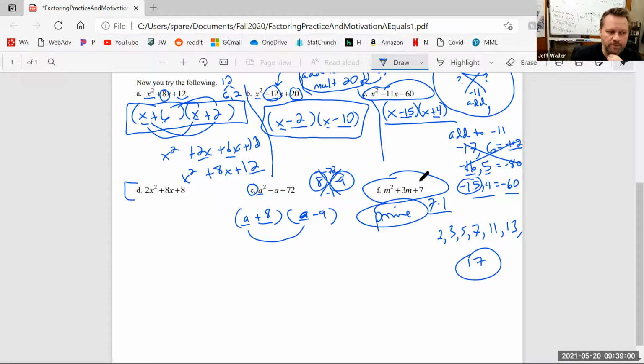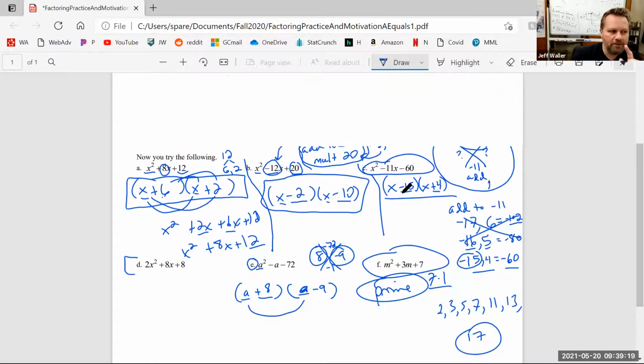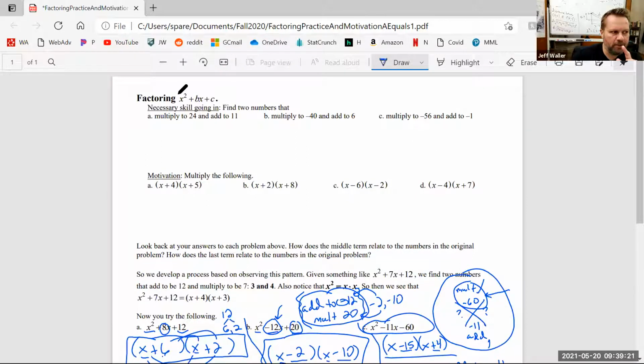None of the other problems has what part D has. What's the first coefficient in every other problem we did? Here it is 2. Yes. So everything we do on these kinds of problems requires the first number to be a 1. Do you see that?